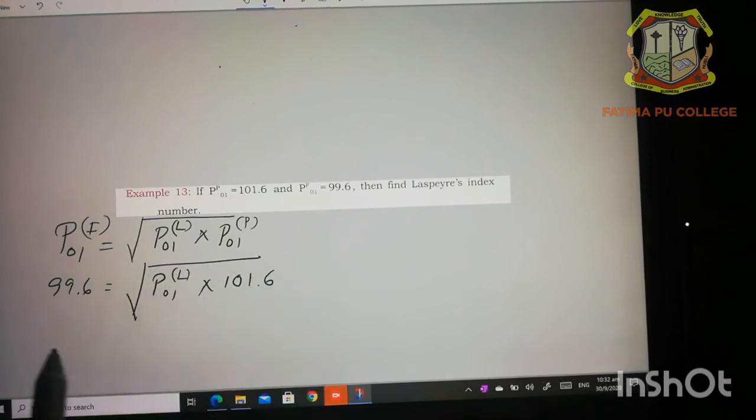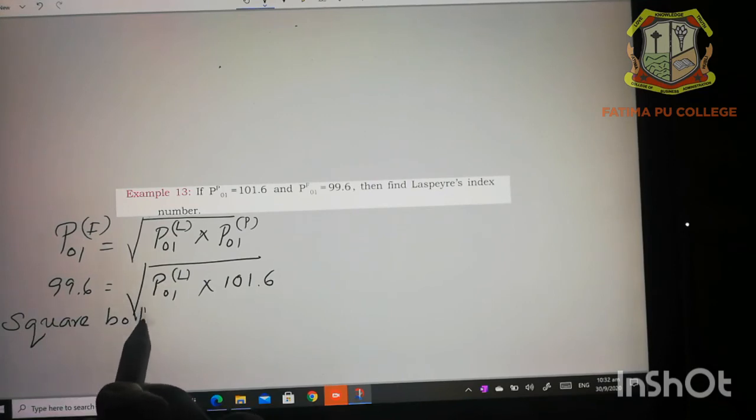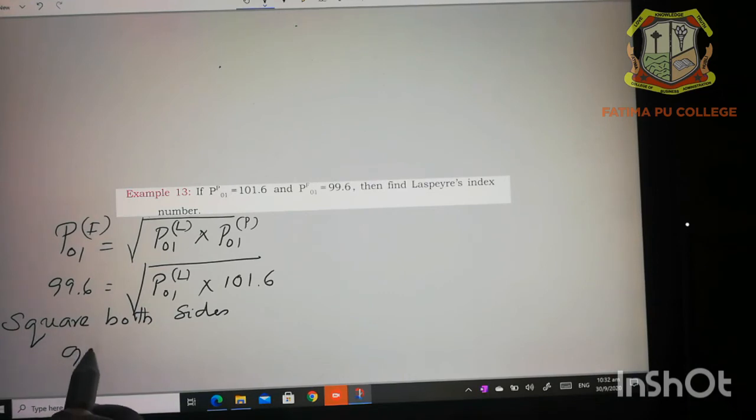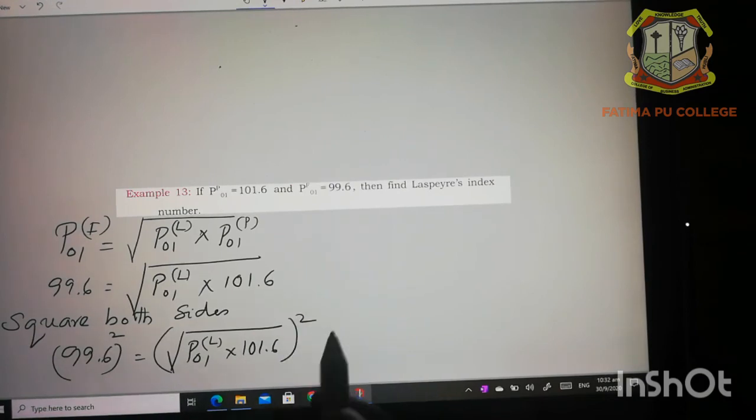In the LHS it's just a number 99.6, but in RHS we have a square root. To remove the square root, we need to square both the sides. When you square both the sides, it will happen like this, students. I'll write it like this: 99.6 square is equal to root of P01L into 101.6, this square. So the square root gets cancelled with this square.